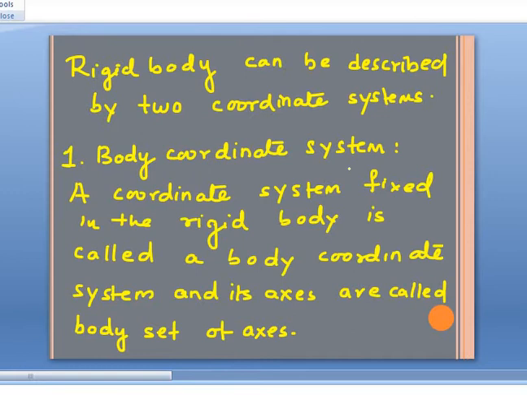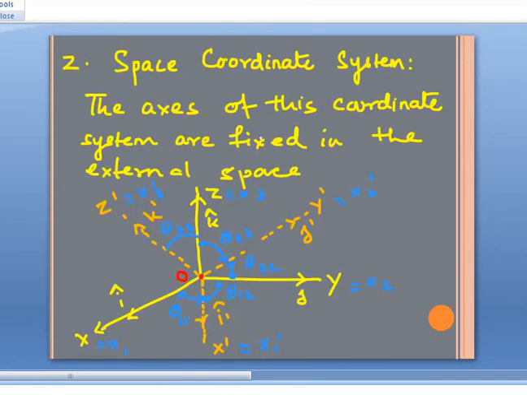One is the body coordinate system, which is the system fixed to the rigid body, and its axes are called the body set of axes, which are the primed ones. The axes fixed in external space, with reference to which the body set of coordinates are rotating or moving, form the space coordinate system.